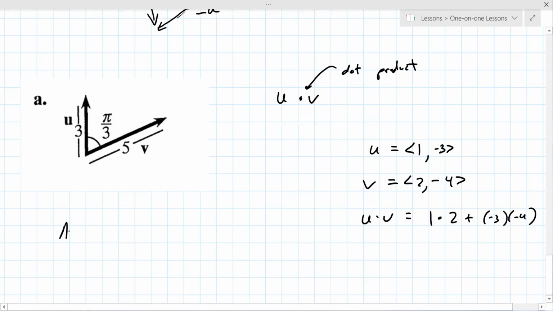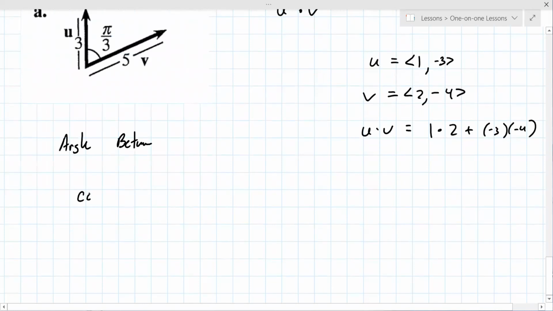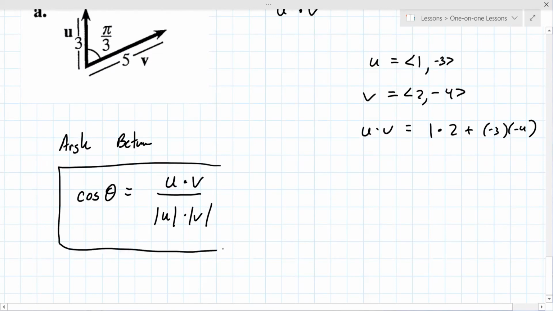So you probably had a formula given to you for the angle between two vectors: the cosine of theta equals U dot V over the magnitude of U times the magnitude of V. Does that look familiar? I kind of box in the things that you need to know. You need to know theta, and you'd really like to know the vectors.